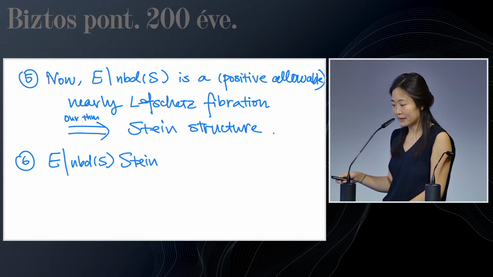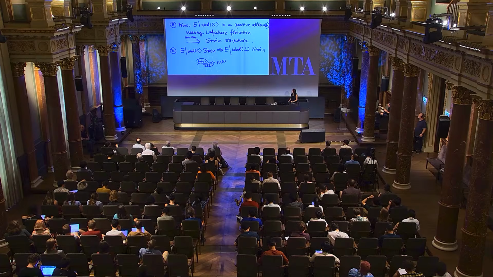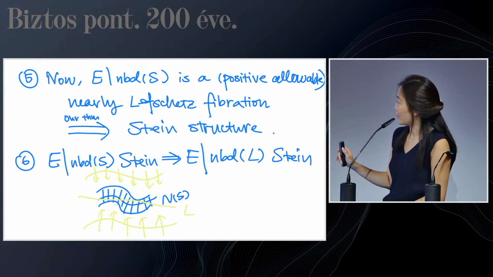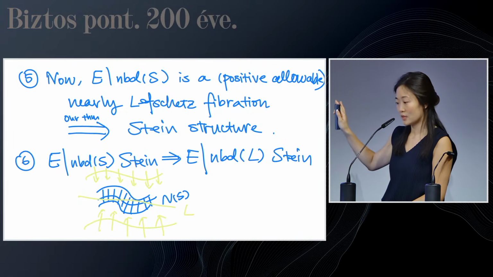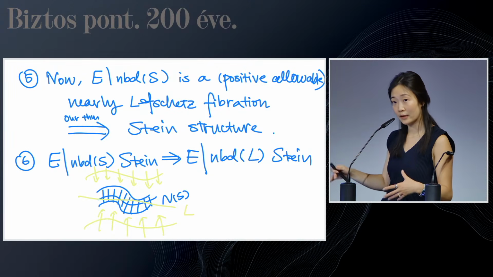And finally, since the complement of the symplectic surface is Stein, this tells us that the complement of the Lagrangian disk is also Stein. Sorry, the yellow part is a bit opaque, but this is using our understanding of the construction of the Weinstein handle near the exotic fibers.